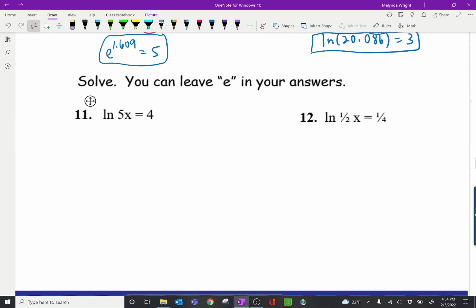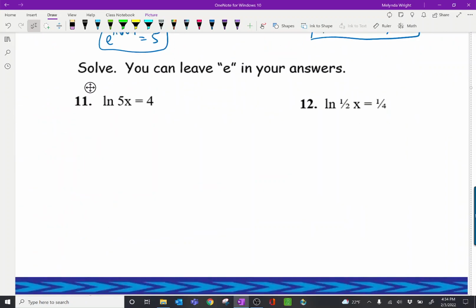The last ones are really small little equations that we're going to work on in the notes. In the practice, you have some larger ones. I just want us to get the idea. We have solved log equations before. If you recall, if there's a log equal to a number, then you have to convert into an exponential. And you can't convert until there's just a 1 in front. We can't have anything else.